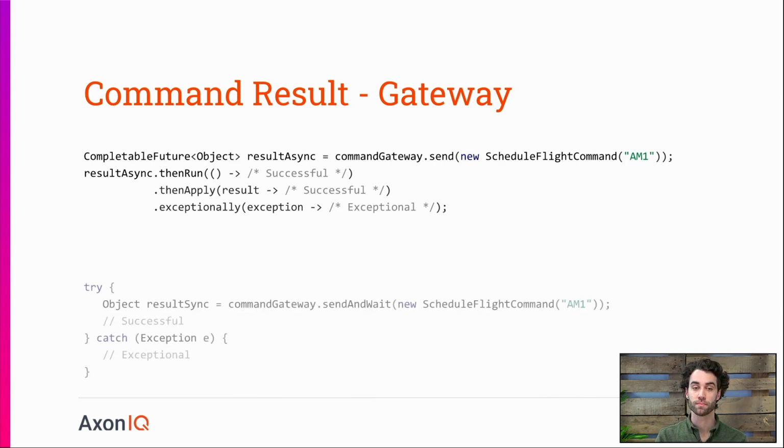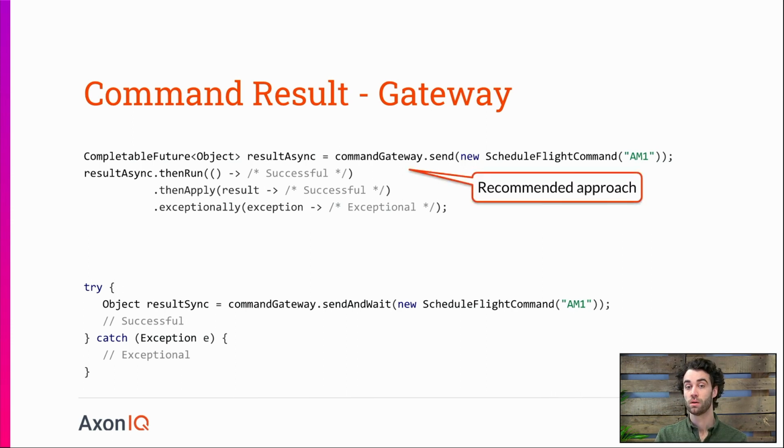If you're using the send and wait, you would simply wrap this in a try-catch so that the exception which is thrown from your command handler is caught at the position where you're dispatching your command on the command gateway. We typically recommend using the completable future solution, embracing the fact that you are going to be asynchronous when you're using such a messaging paradigm.